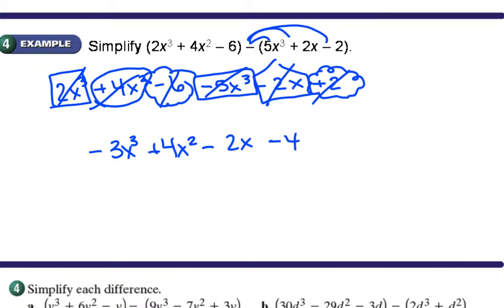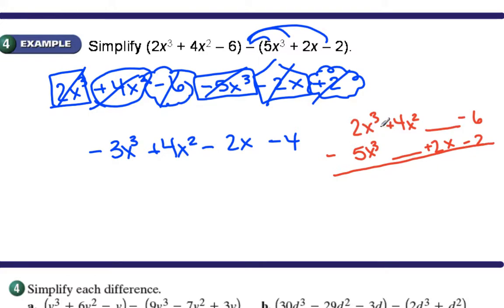And that's your answer. Now, I'm going to do this one also vertically, just so you see. We have 2x cubed plus 4x squared. We do not have an x term, so I'm going to leave a gap, and then we put minus 6. And then we have minus 5x cubed plus 2x. So I don't have a term here, so I'm going to put plus 2x and then minus 2.